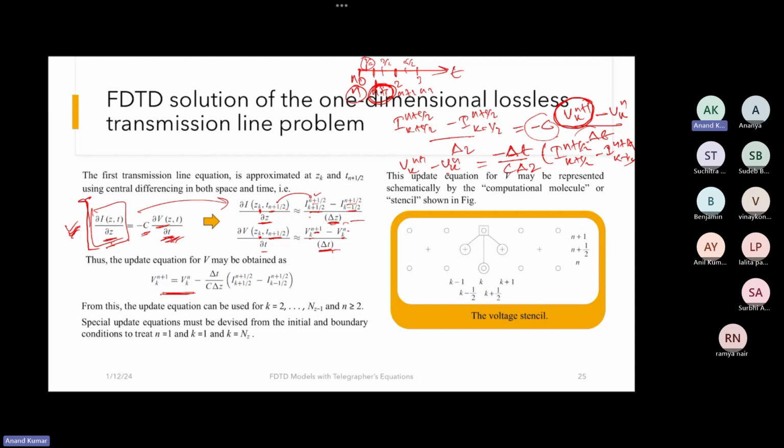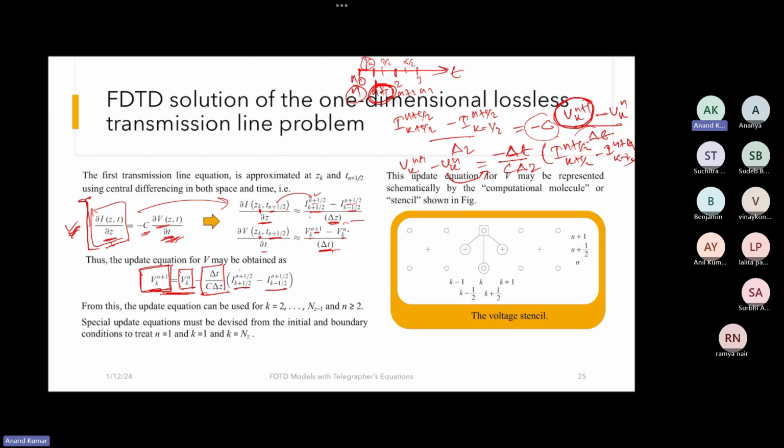Then we bring this term to the right hand side, and we end up with v k n plus 1, the latest voltage value, given in terms of the previous voltage value, the coefficients, and the previous current values.